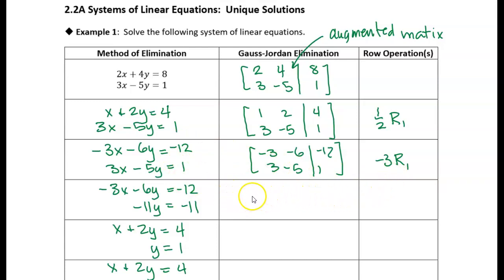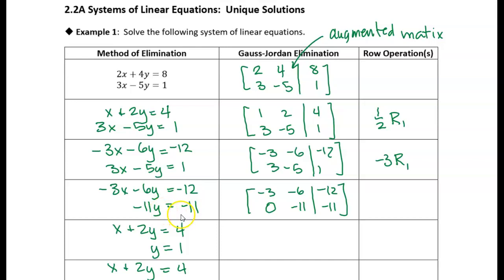Okay. This next set of equations, all right, I have -3, -6, -12. And then there is no x term, so I'm going to just make that a 0 because it's like 0 times x. And then -11, -11. All right. So that's the augmented matrix corresponding to this set of equations here.